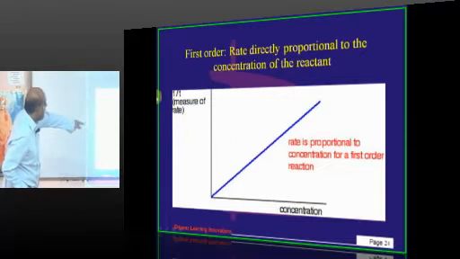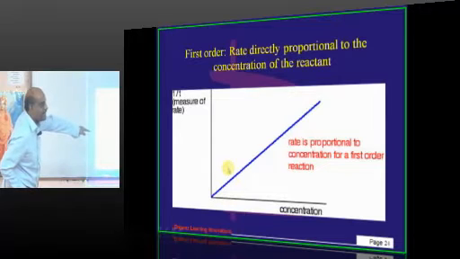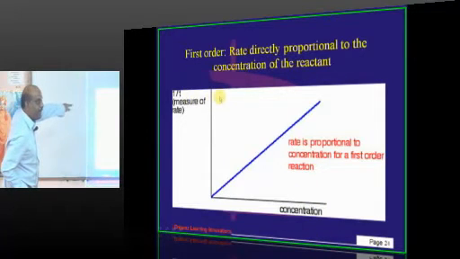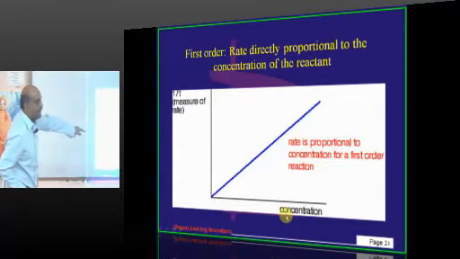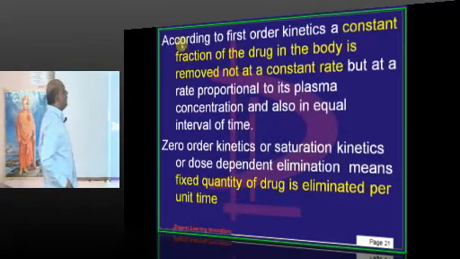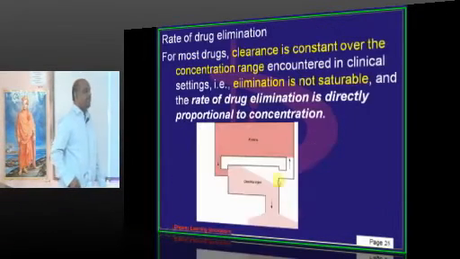When the concentration is high, the rate of elimination is high. When the concentration is less, the rate of elimination is less. Hence, when the drug concentration is high, the rate being faster makes first order kinetics a faster way of drug elimination from the body. This is what needs to be remembered.